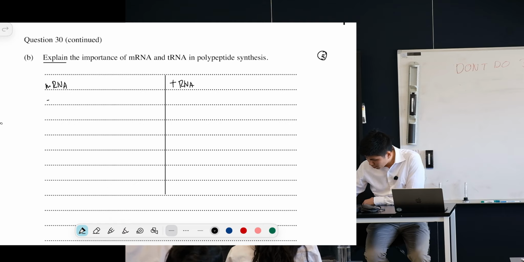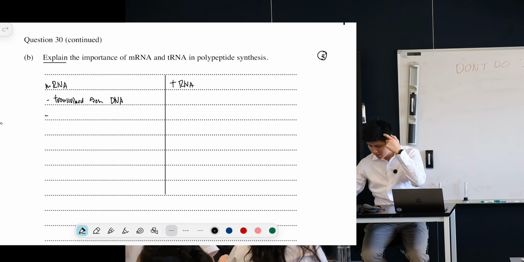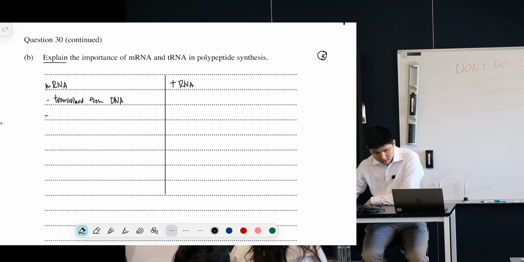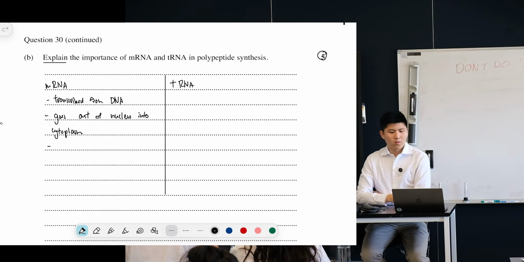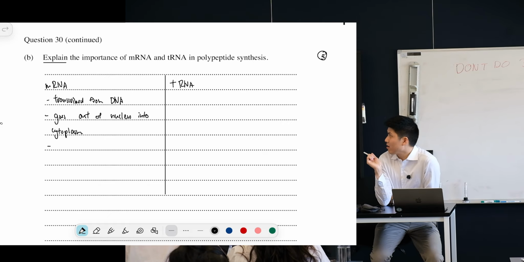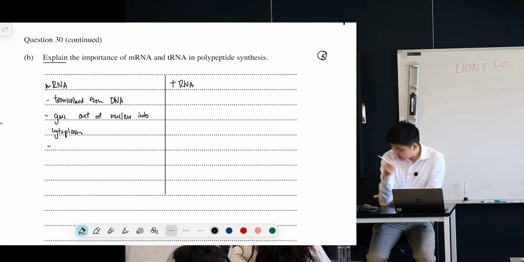Yeah, okay, so I'm going to say transcribed from DNA, and then it goes out of the nucleus, as you said, into the cytoplasm. Why else is mRNA so important? What do we need it for? Yeah, we need it for the codons.